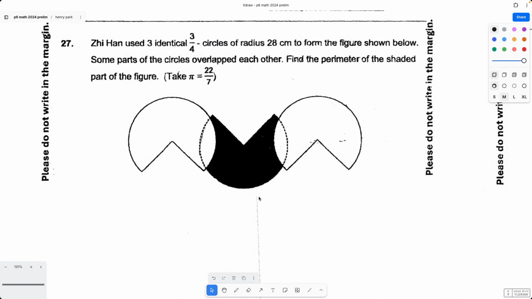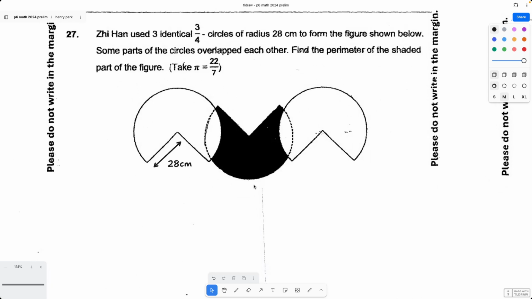Question 27. Zizan used three identical three-quarter circles with a radius of 28 centimeters. So I'm going to draw here. 28 centimeters. Some parts of the circles are overlapped. Find the perimeter of the shaded part. For the shaded part over here, it's essentially the same. So I'm going to draw a dotted line. This one over here.